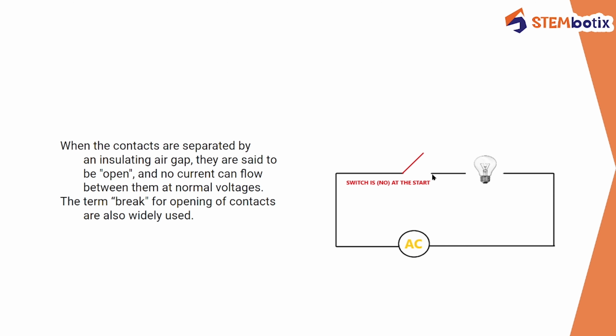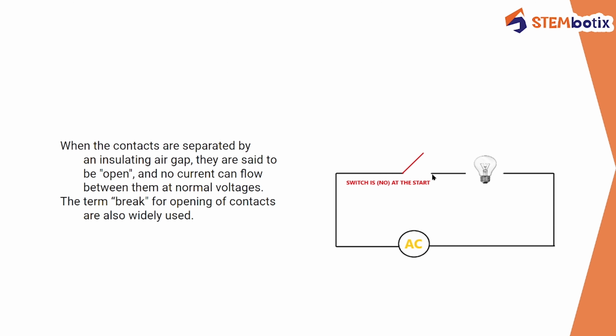Now in this particular type, your switch is there to interrupt the current flowing through this bulb, hence turning it off. Whenever you want to turn off this particular device, you just switch it off, means you just provide an interruption.